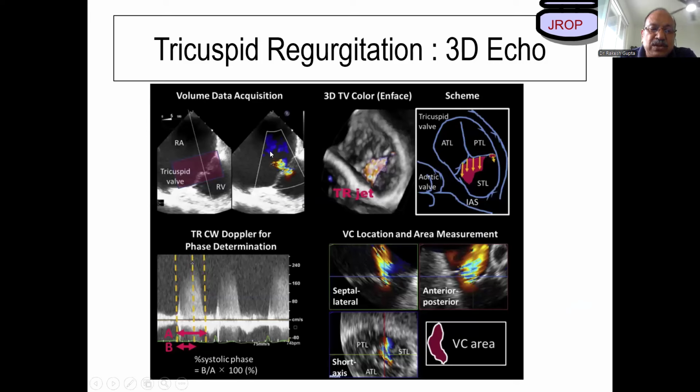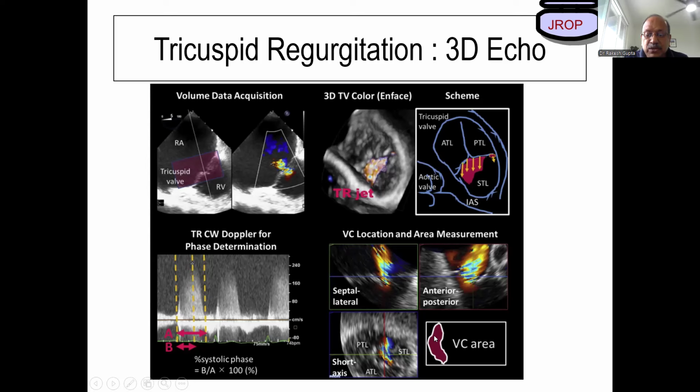I'll go to this line across this cursor and bring it to my side, and I'll be seeing the whole of this vena contracta. Look, this is the anterior tricuspid leaflet, posterior tricuspid leaflet, septal leaflet. Then I'll trace this complete vena contracta to get a real one, and this will be area, that'll be volume.